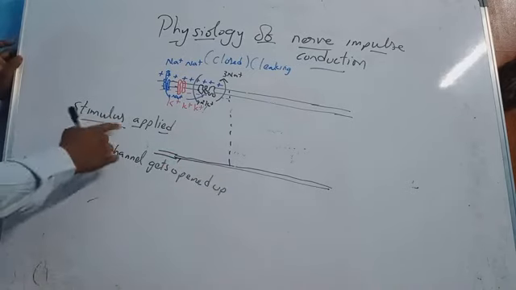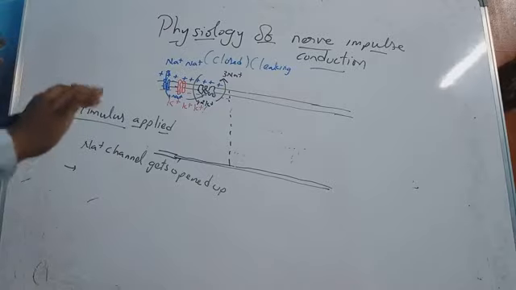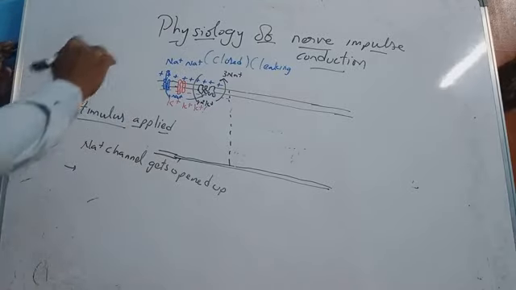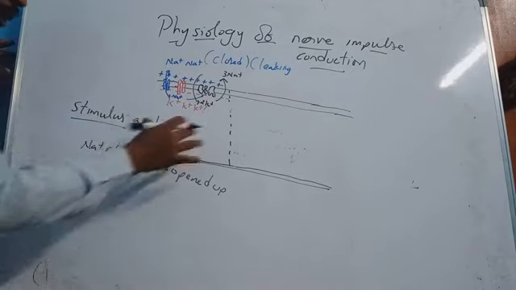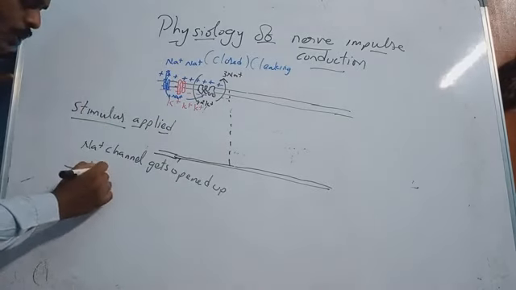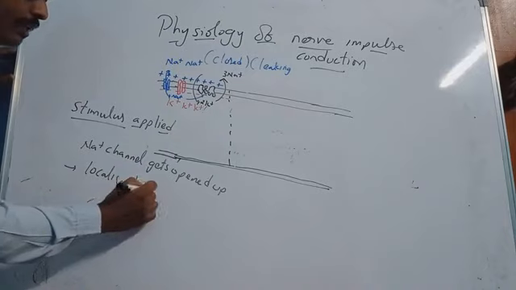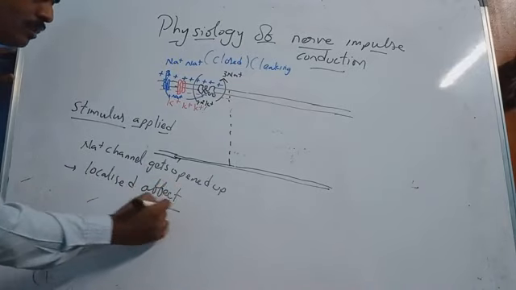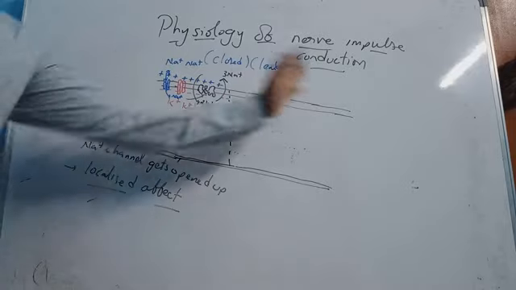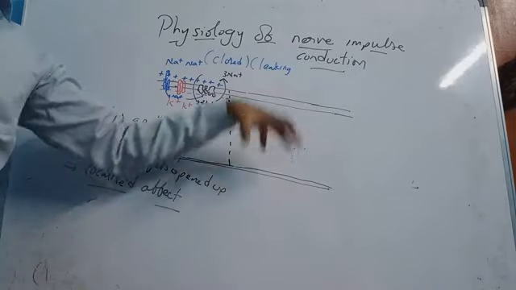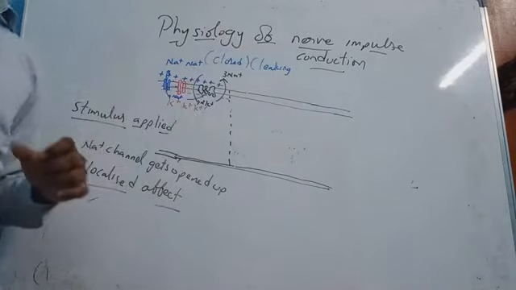Remember this point, this stimulus is not putting pressure on all of the axon. It will just be localized, having a localized effect. So whatever the change of ion concentration will be localized. There will not be any action on all the parts of the axon.